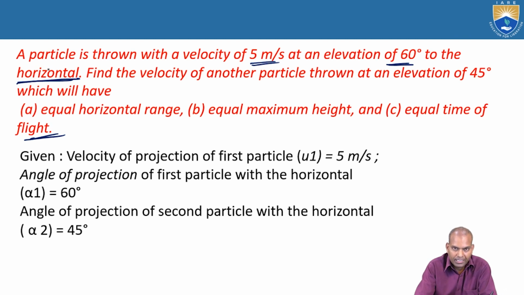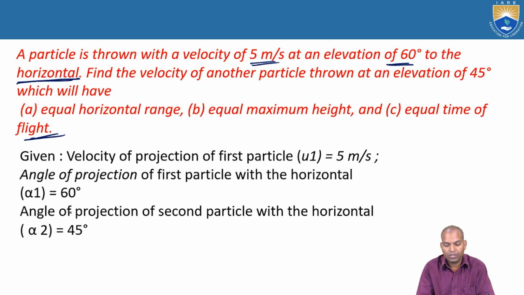So here again, a particle is thrown with a velocity of 5 meters per second at an angle of 60 degrees to the horizontal.